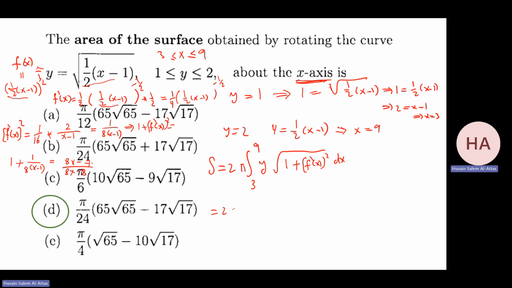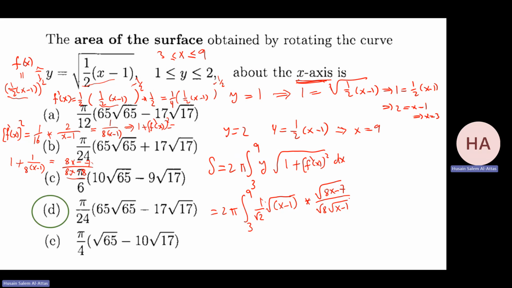So that gives me 2 by, let me see what will happen. 3 to 9, I don't know if that will work or not. Y, which is 1 over square root of 2, x minus 1 to the power half under the square root, times square root of this, which is square root 8x minus 7 over square root of 8 square root x minus 1.